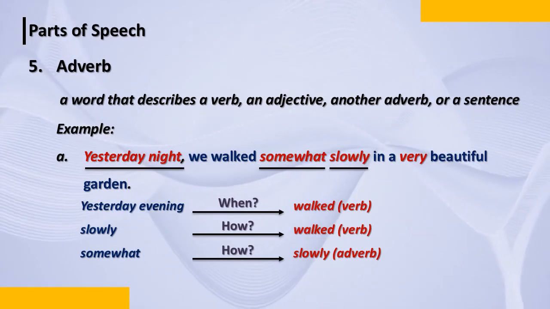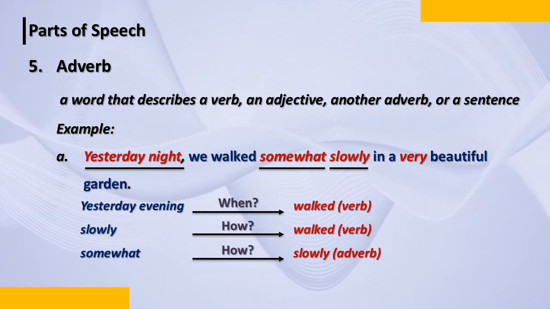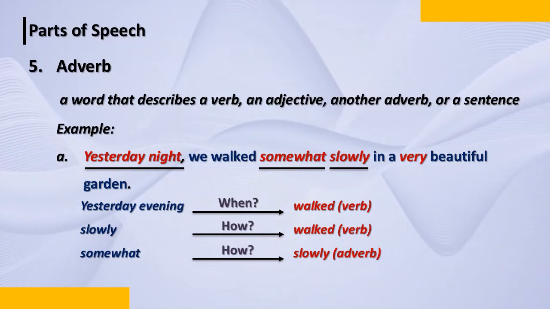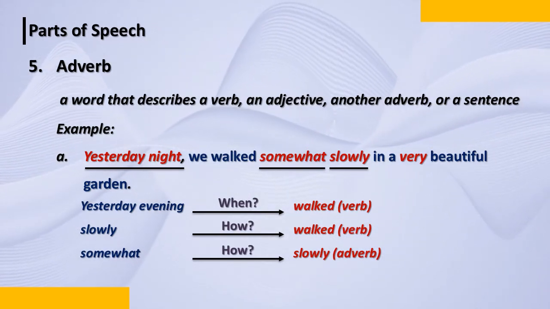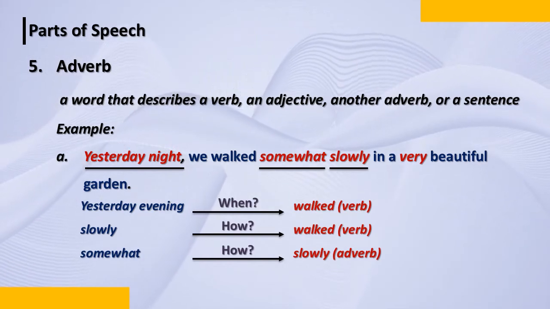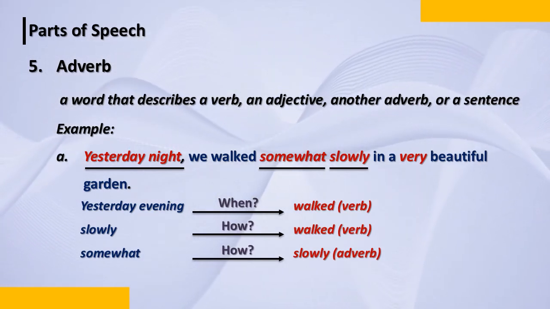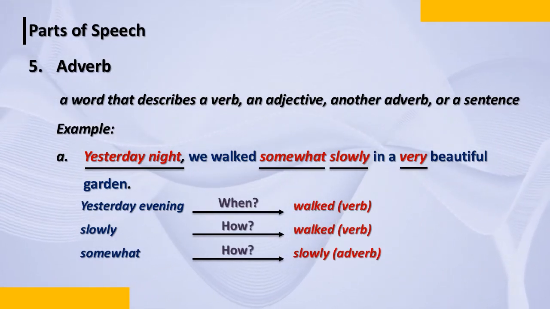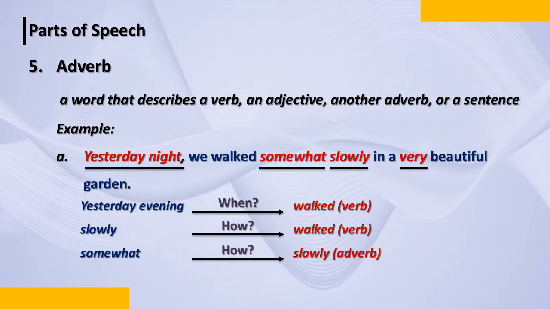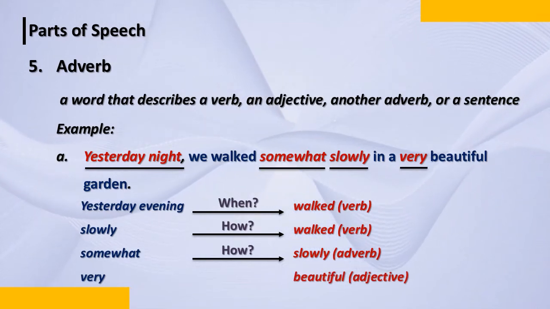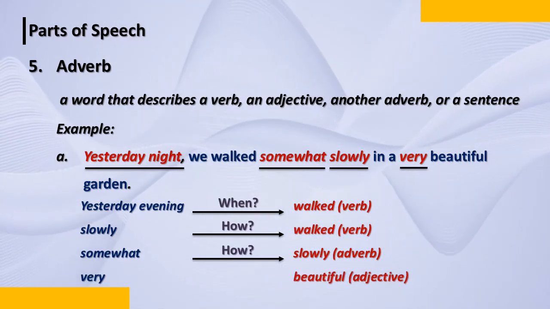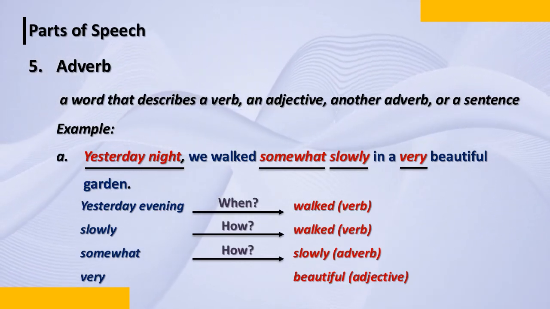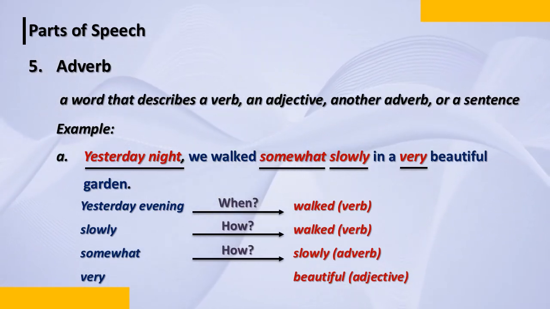Why did you run so fast? Why did you come so fast? Why did you eat so fast? The verb or the action which you're doing is being questioned here. There's a fourth one, which is a very beautiful garden. Where did we walk? We walked in a beautiful garden, and I'm describing that beautiful by adding an additional adverb there.